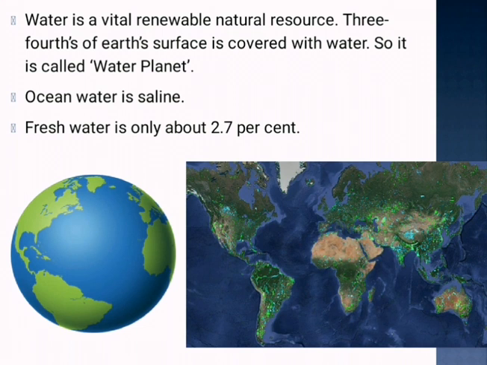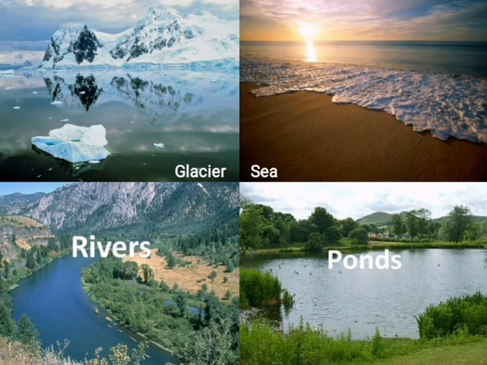The blue color indicates the water. So the presence of water is very high compared to the land mass. Due to that, the Earth is called the blue planet or the water planet.